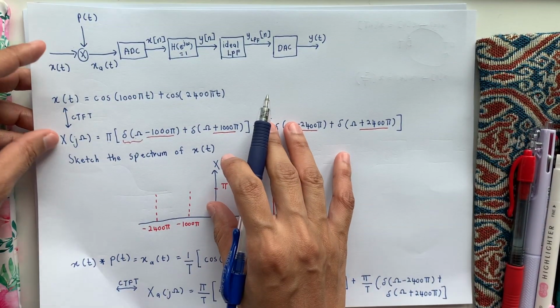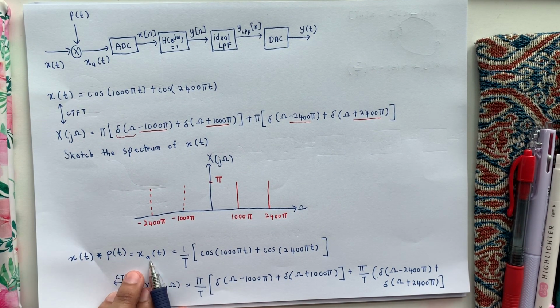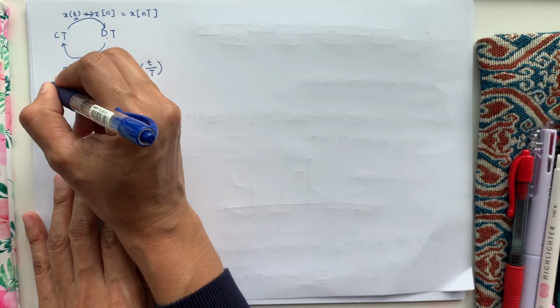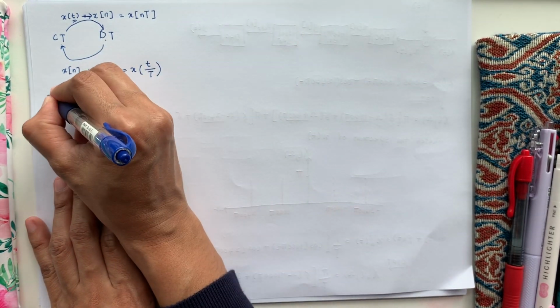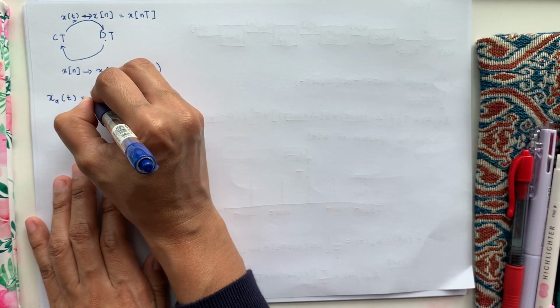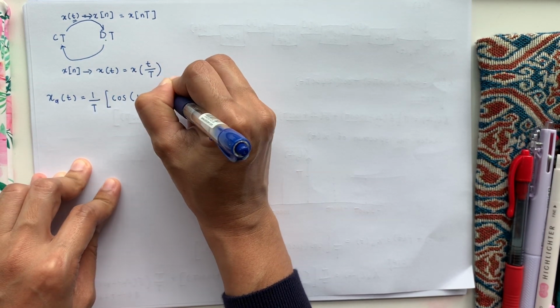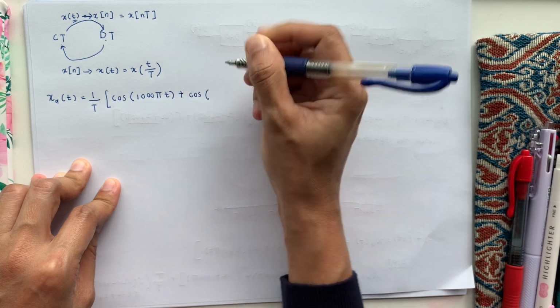So go back to your question. We have x_a(t) equal to 1 over T times cos 1000 pi t plus cos 2400 pi t.